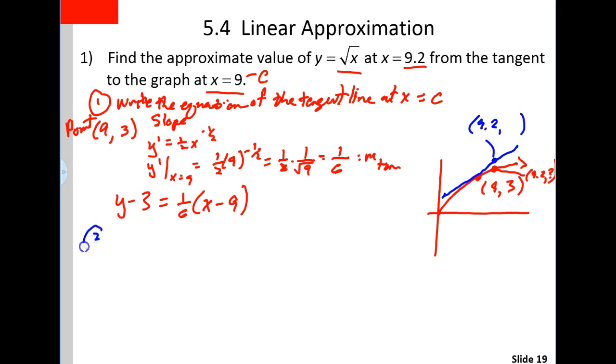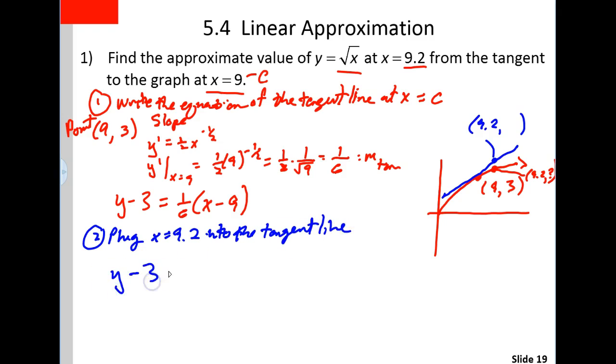So step 2 is to plug x equals 9.2 into the tangent line. So that's actually pretty easy. y minus 3 equals 1/6 times 9.2 minus 9. All right, so obviously 9.2 minus 9 is just 0.2, and 0.2 is 1/5.